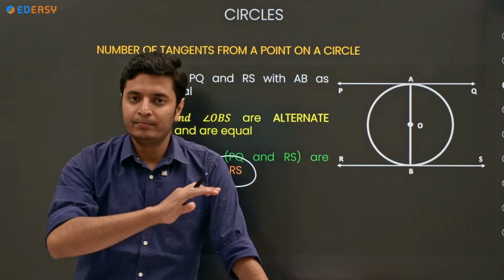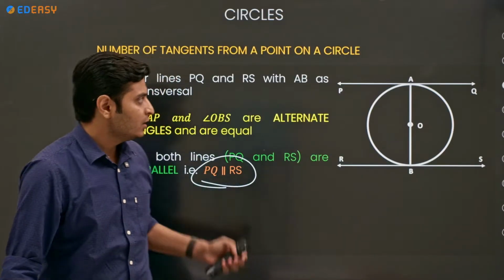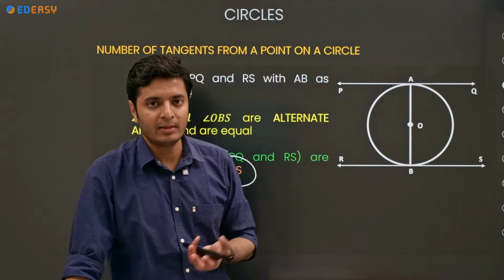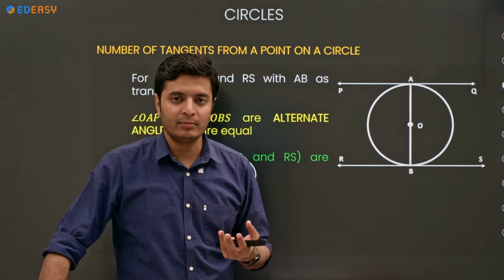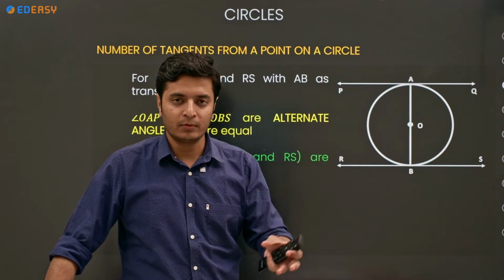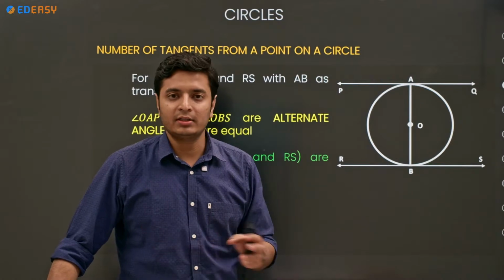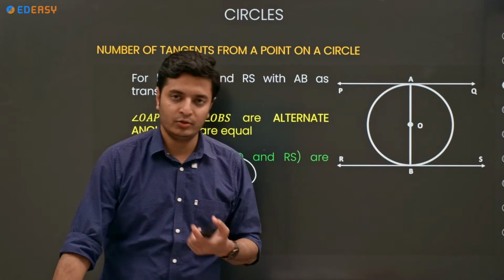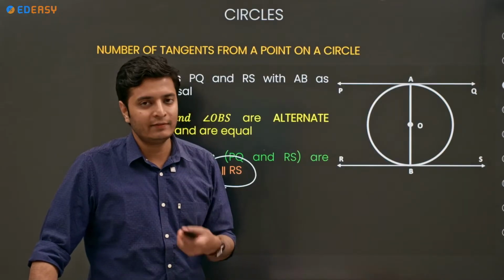So you can divide your focus depending on what type of chapters you have. From this chapter, most of the time they are going to ask you a theoretical problem only, where they will be asking you about the proof of any theorem or this type of problem. So there's nothing to worry about from this chapter. You can score easily because we are applying only very basic concepts.